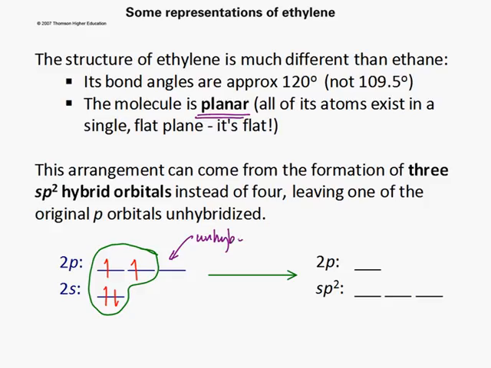There's going to remain a p orbital, and remember p orbitals have those 2 lobes, one up and one down, so that's going to stay behind. Then I'm going to make 3 new orbitals this time. What will actually get formed are the 3 identical sp2 hybrid orbitals, each with 1 electron, and then the unhybridized 2p orbital.